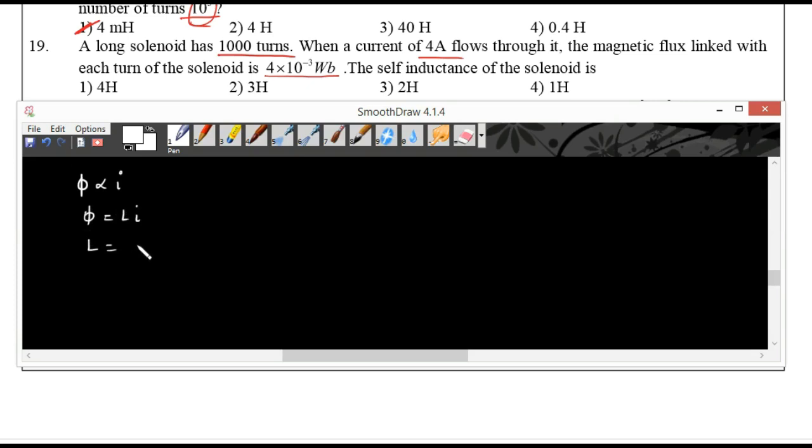So L is equal to flux by I. Now if you have n turns, then we will write n phi. So that is equal to 10 power 3 into flux 4 into 10 power minus 3 by current 4 ampere. 4 gets cancelled. 10 power minus 3 times 10 power 3, 1 Henry.